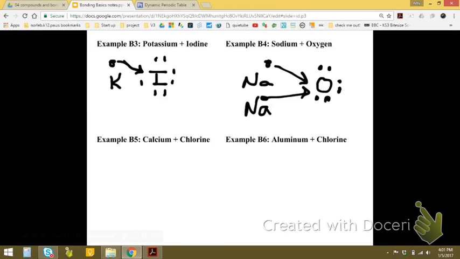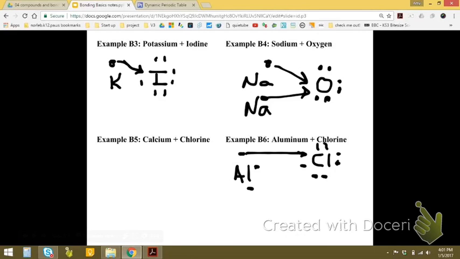Our next is aluminum and chlorine. We'll skip down to here. Aluminum we saw has 3 valence electrons. Chlorine has 7, so it needs 1. So that means we have 1 aluminum electron going to chlorine here.